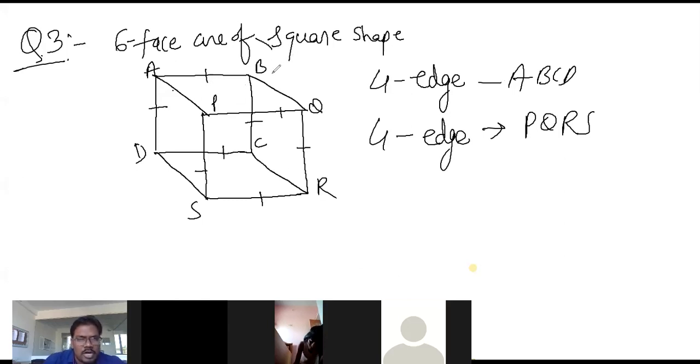Now look, 4 more: this one, this one, this one, and this one. So 4 more edges.